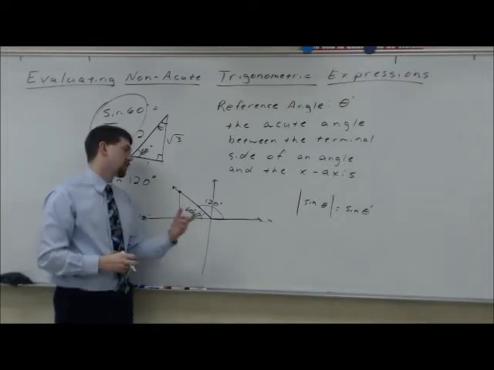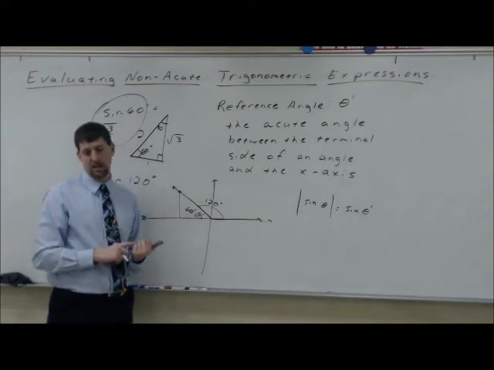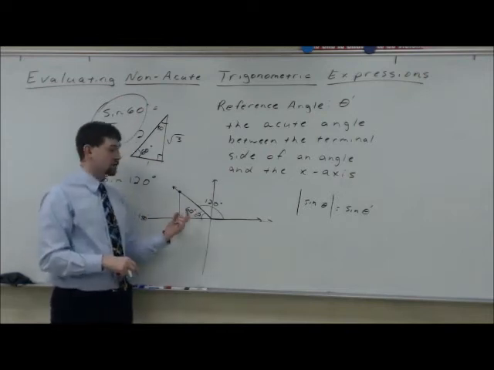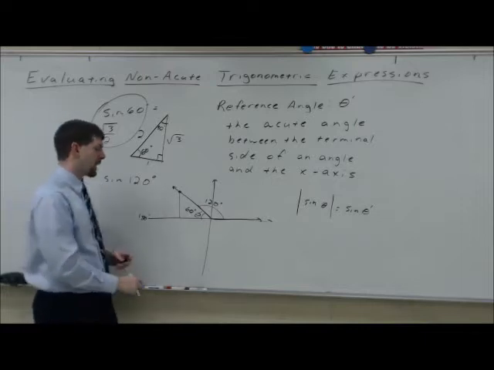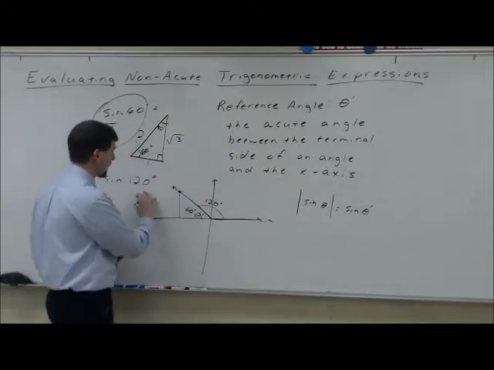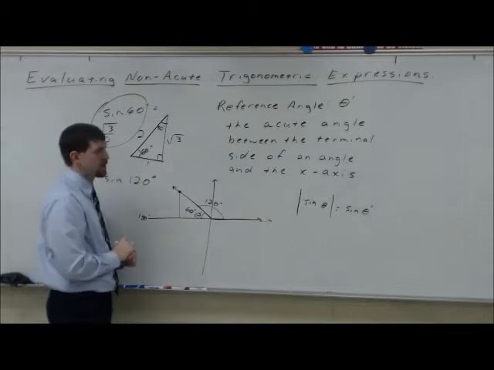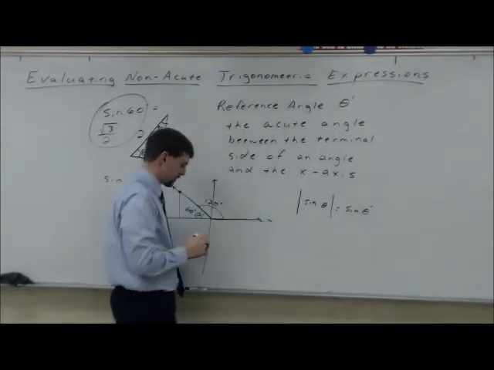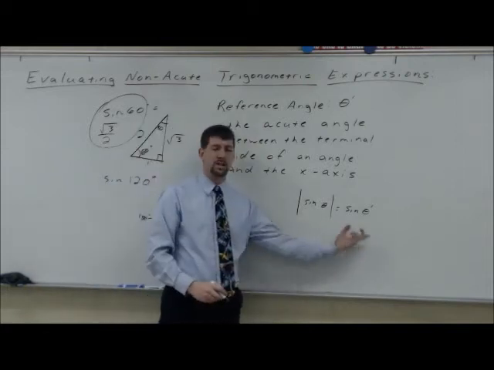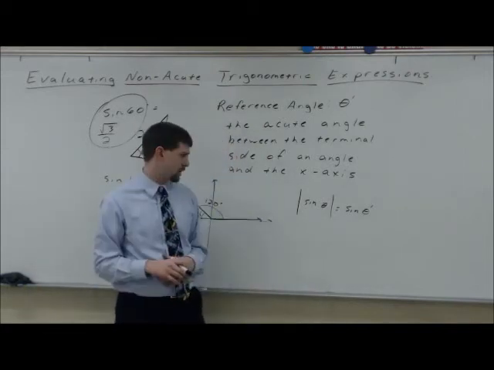So while 120 degrees does not fit inside of a right triangle, its reference angle, 60 degrees, does fit inside of a right triangle. And that's where we can find out what sine of 120 degrees is. Because we then tie this idea of reference angle into this relationship, which I used sine in this case, but it works for all trig ratios.